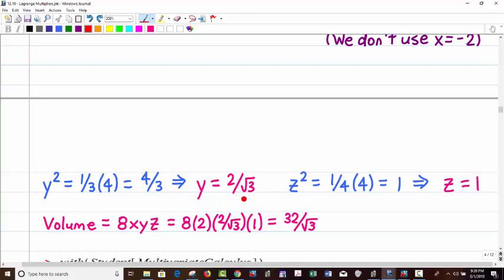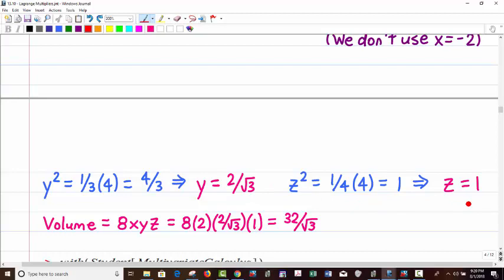All right, so we got a little radical value for this one. y is 2 divided by root 3, because y squared equals 4/3. And for z, z squared equals 1, because remember we're plugging in the 4 for x squared. It's 1/3 times 4 for y squared, and then 1/4 times 4 for z squared. So z would equal 1.